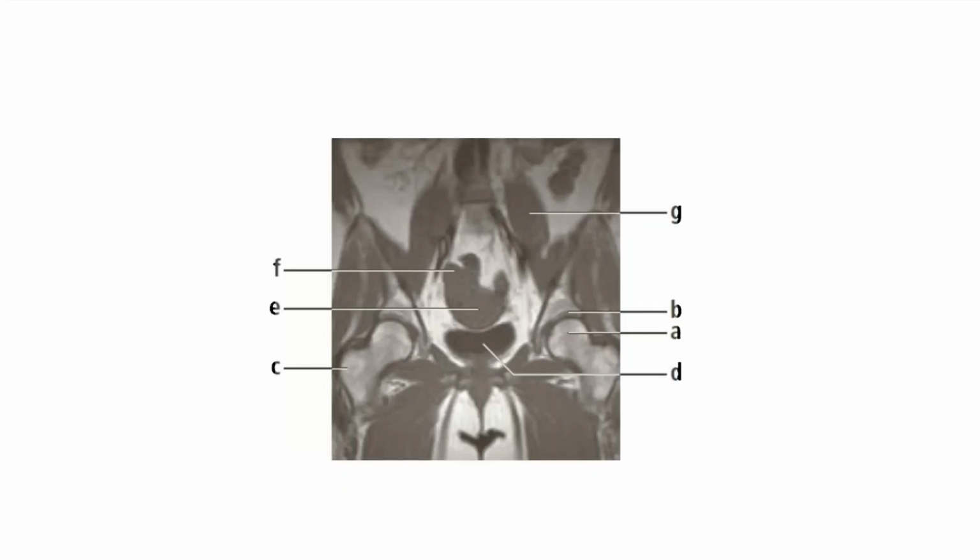Now let us mark the structures in this MRI. What is A? A is femoral head. B is acetabulum. C is greater trochanter.